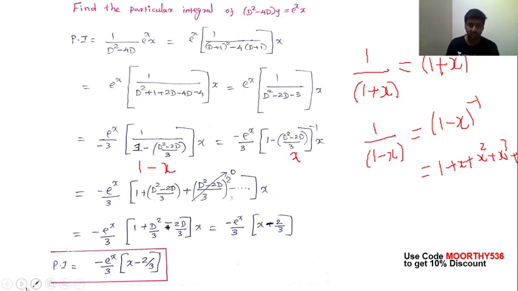More than the power d gives 0, as per the differentiation. One time differentiation of x is equal to 1. Two times differentiation, d square of x, is equal to 0. So the differential order more than 1 is eliminated in this equation.